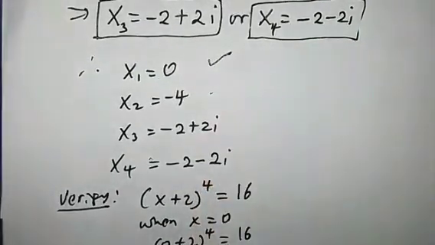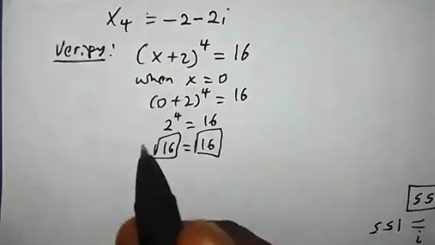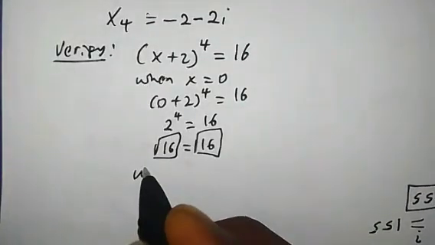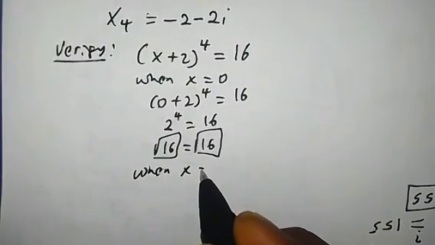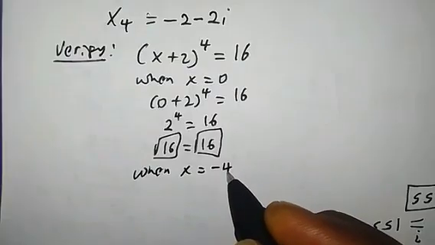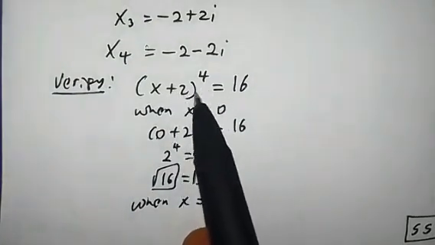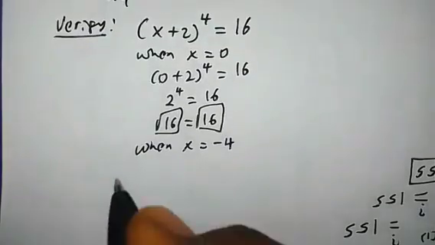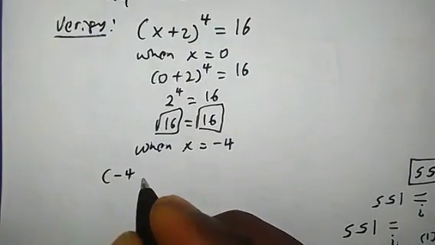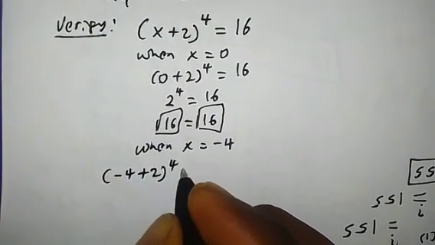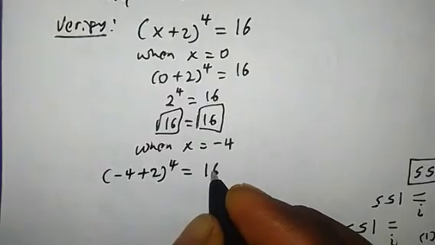Let's verify the second one too. When x is equal to negative 4, plugging it here, we have (minus 4 plus 2)^4 equal to 16.